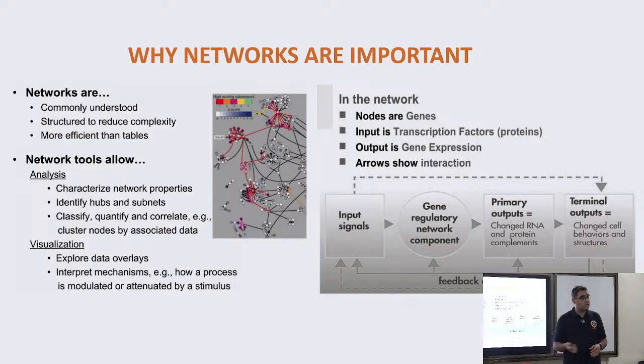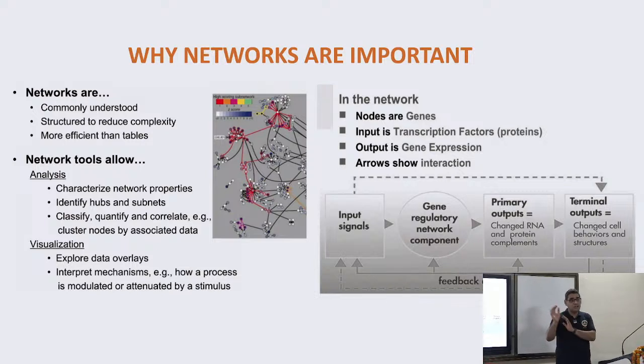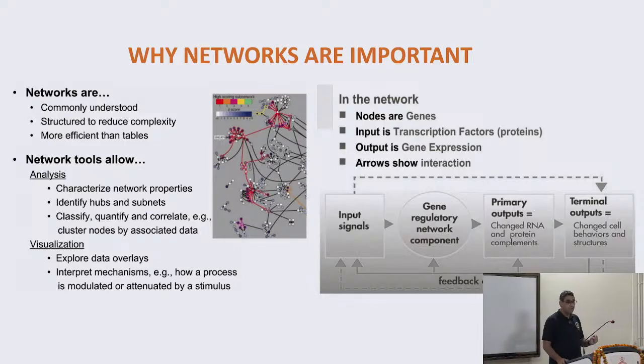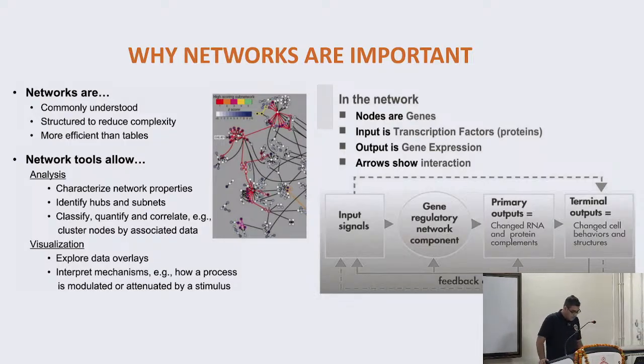For that you need to understand the network of genes which are interconnected for stress signals. The same way you do the network properties characterization, identify hubs and subnets. This is also a big task: identifying hubs and subnets, classify, quantify, correlate, cluster nodes by associated data.